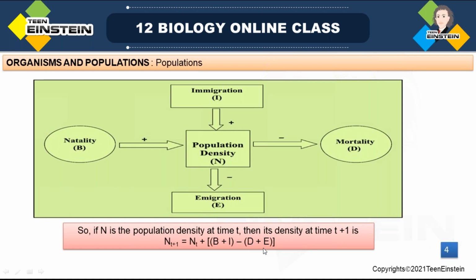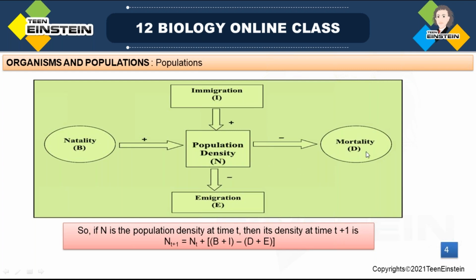of emigrants. So from this figure you can make out natality B, that means number of births, is increasing the population density. Here the plus sign indicates increasing the population density. Then immigration I, number of individuals coming to that habitat, new individuals of the same species coming from somewhere else to this population, increases the population density.